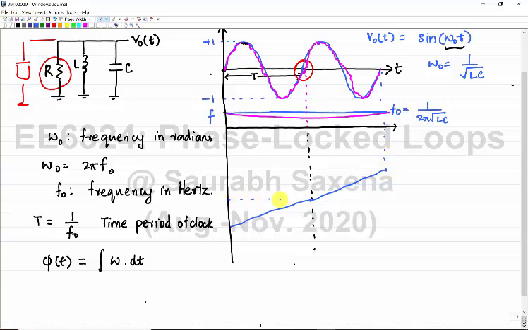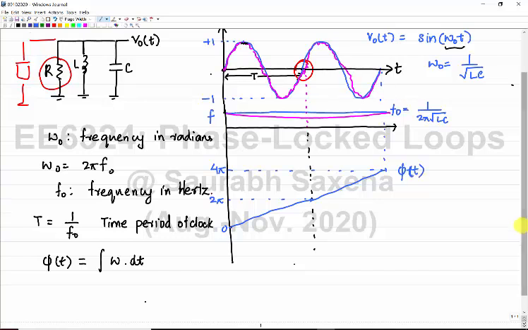So this is 0, this is 2 pi, and this is going to be 4 pi. This is what is going to happen for an ideal signal. I am plotting phase with respect to time.